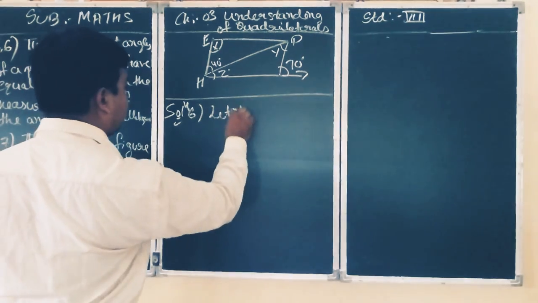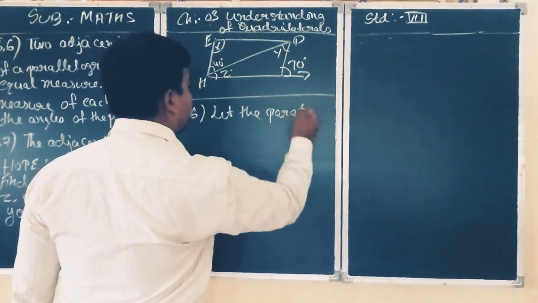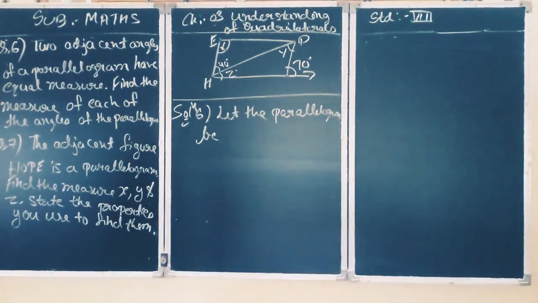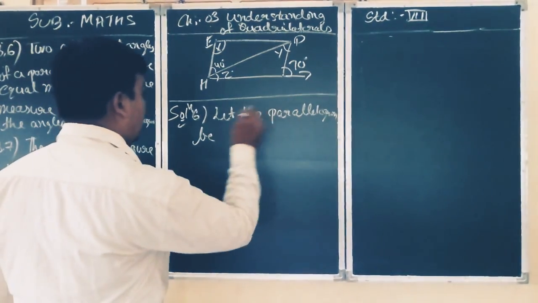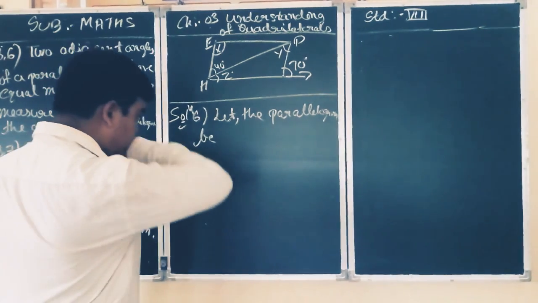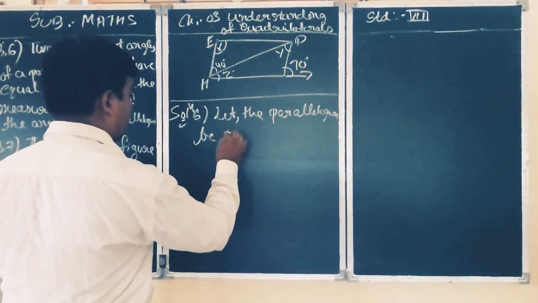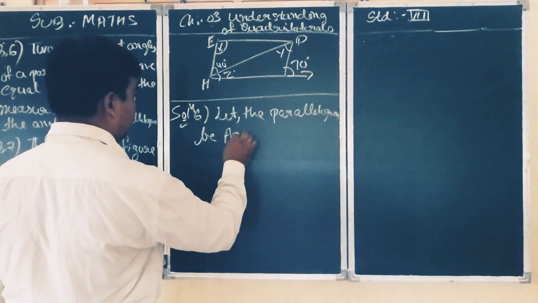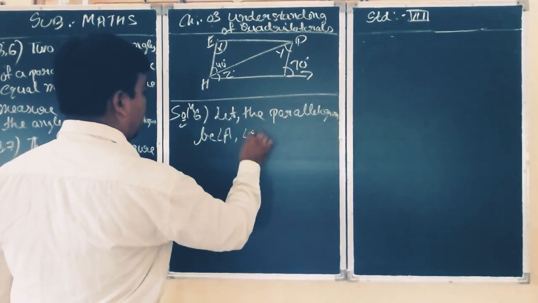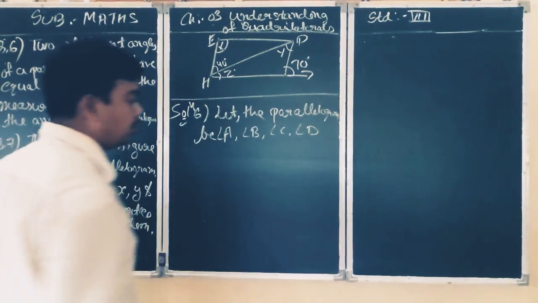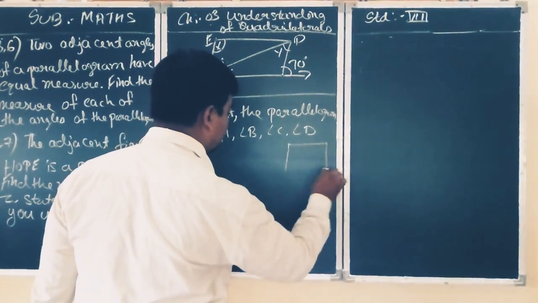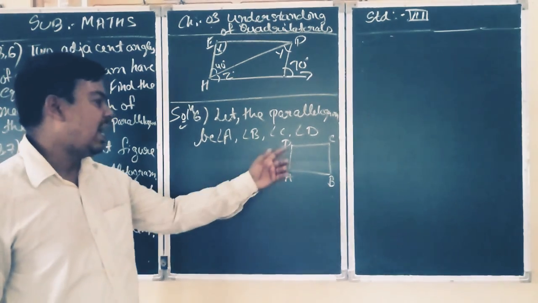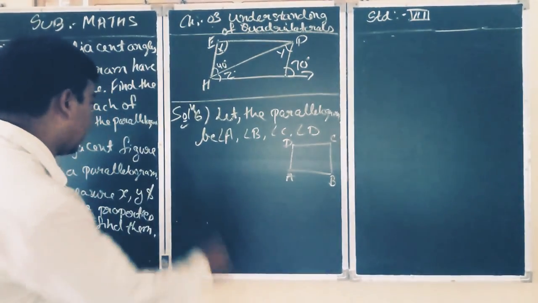Let us draw a parallelogram and name it parallelogram ABCD, with angle A, angle B, angle C, angle D. I need two adjacent angles, so take A and B.